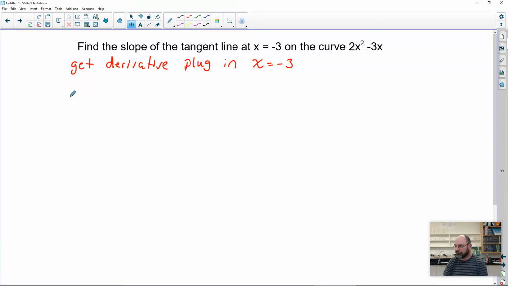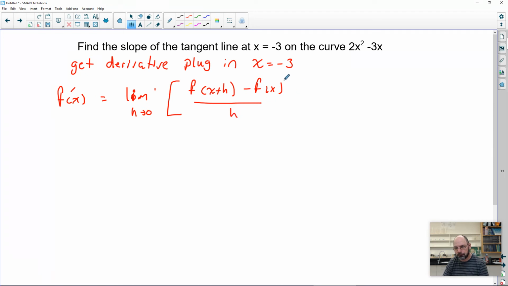So let's do the derivative first. So that's f prime of x, equal to the limit as h approaches 0 of f of x plus h minus f of x over h.